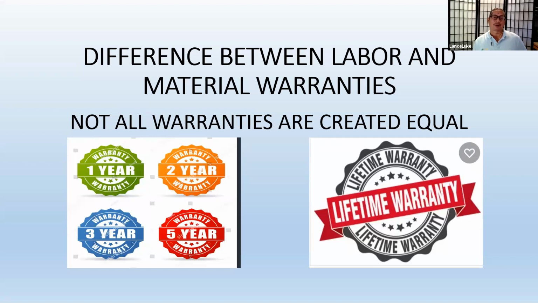Let's say if it's a roofing job, you might be able to get a higher labor warranty than 1 year. You can get up to a 7-year labor warranty. Okay, and a material warranty could be anywhere from 1 year to 5 years to lifetime.